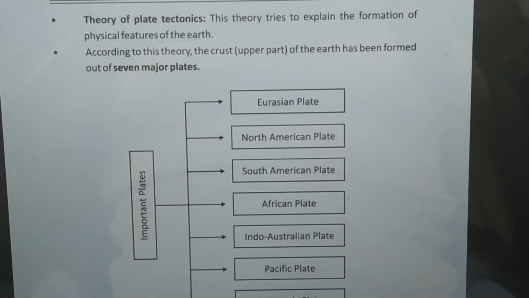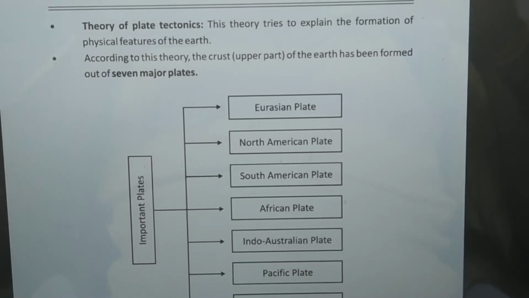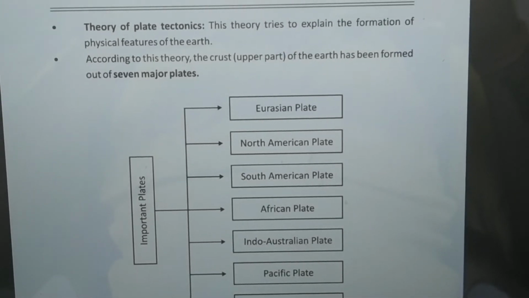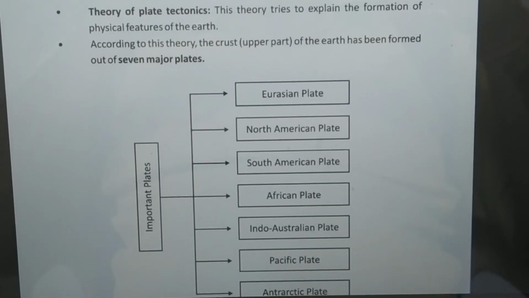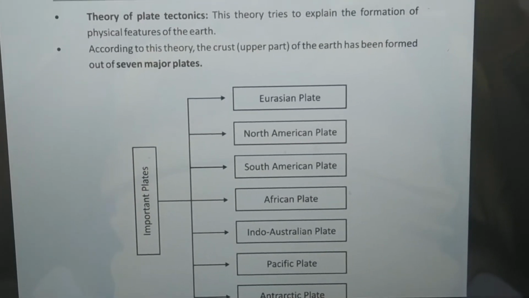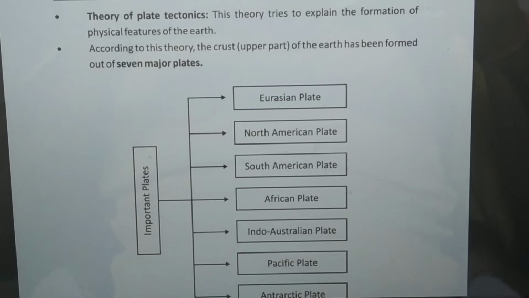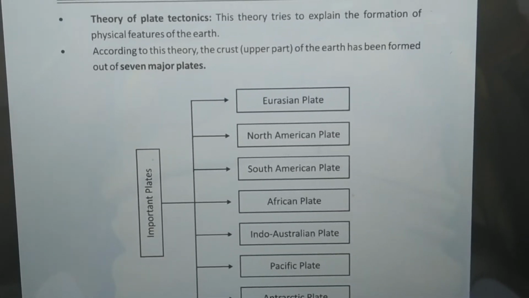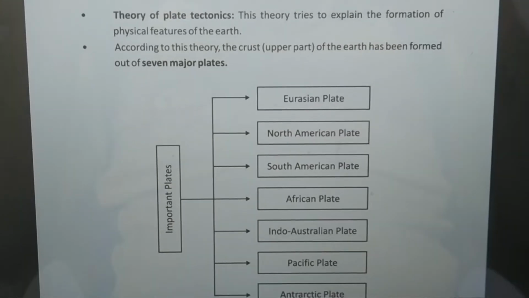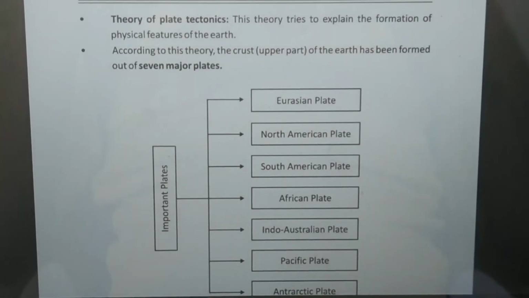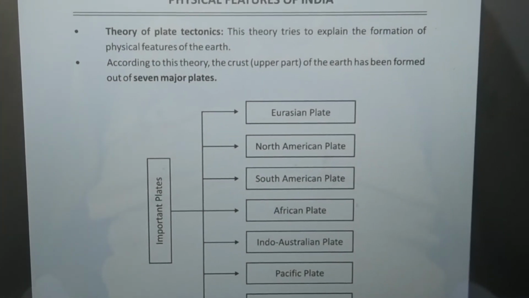It was created due to this plate movement. So why are these plates moving from one place to another, or colliding, or separating from each other? As you know, the earth's crust moves due to the movement of lava in the earth's center.